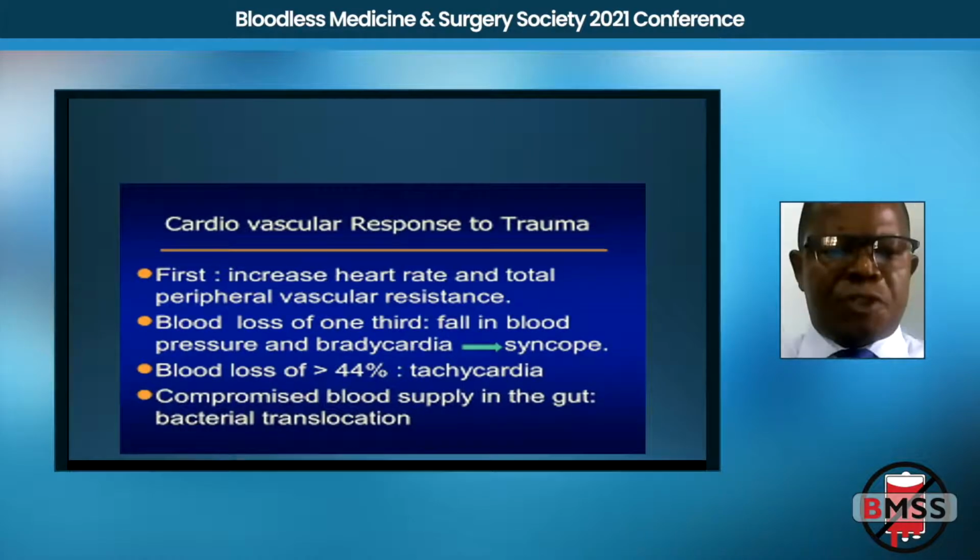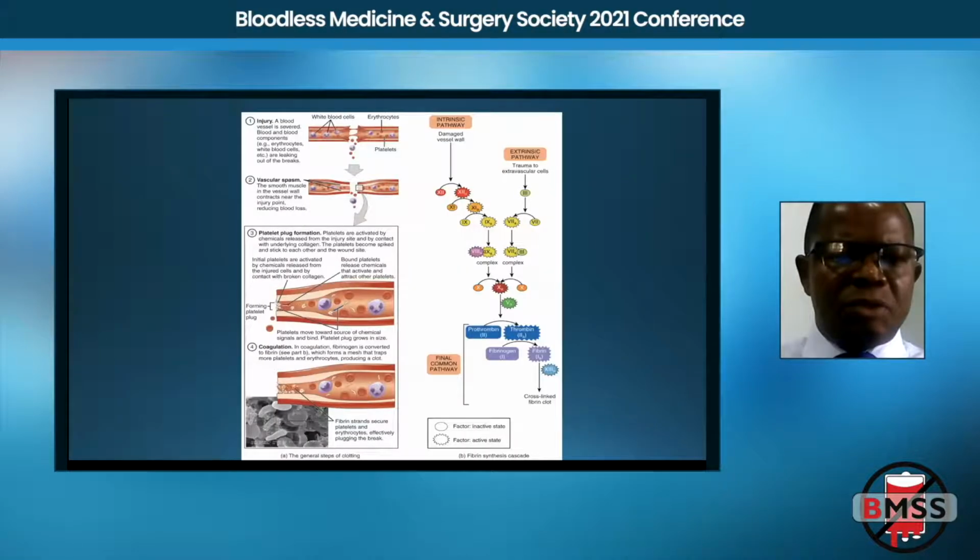So the body makes an adequate response immediately there is an injury. Please, can we go down? Next slide. Good. So immediately there is an injury or a definitive intentional cut, for instance, the body has a very vast array of adaptations.